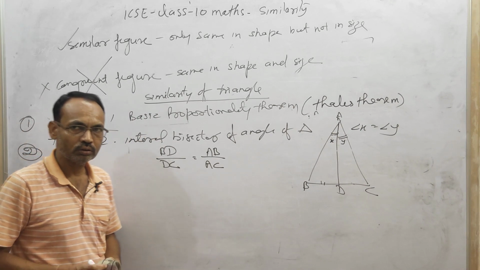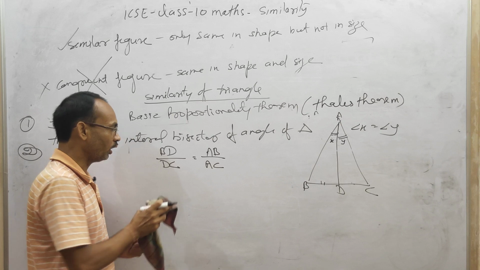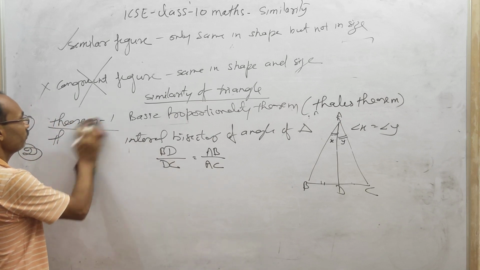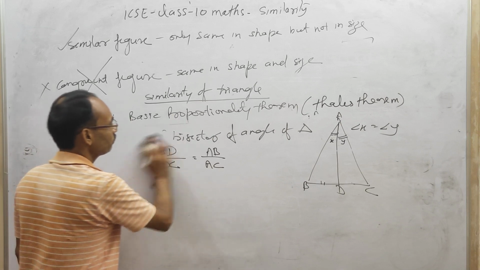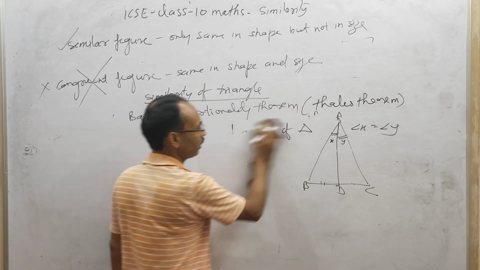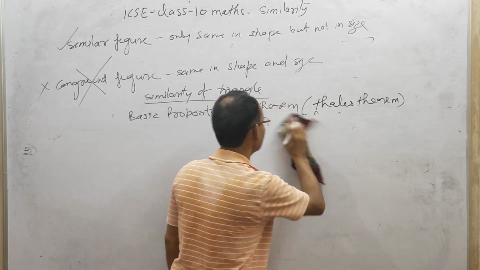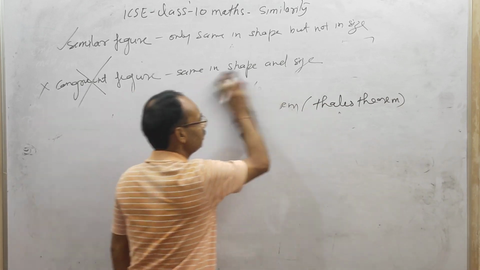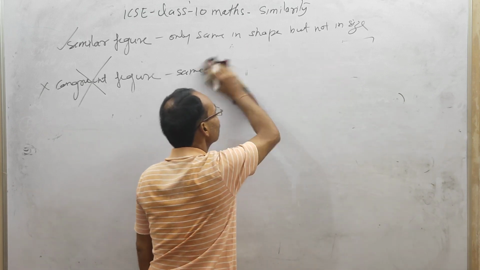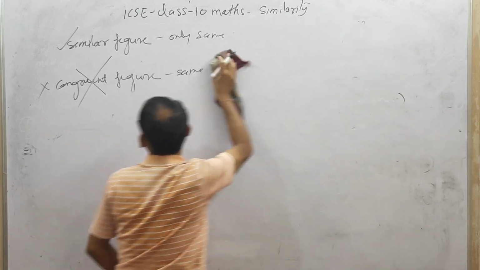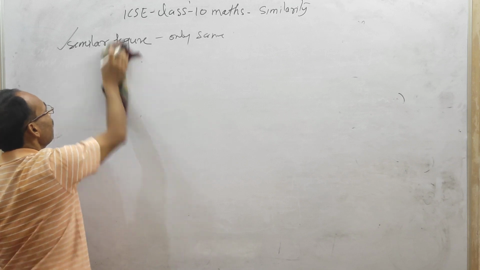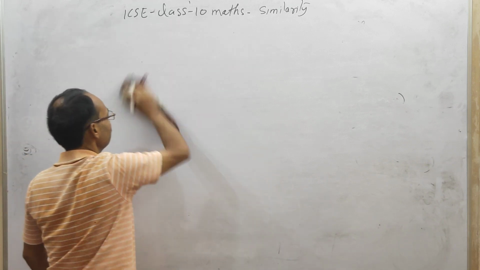And the next type of question in this similarity chapter is the map and model. You know that the map and model is also an example of similarity, because map and model are similar but not congruent.